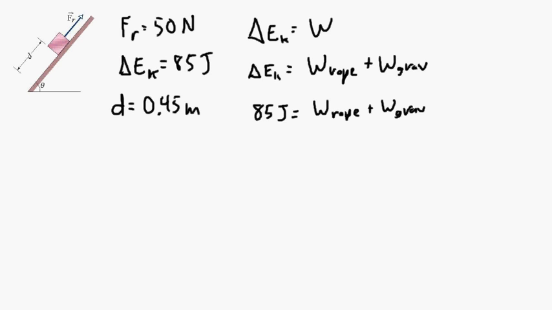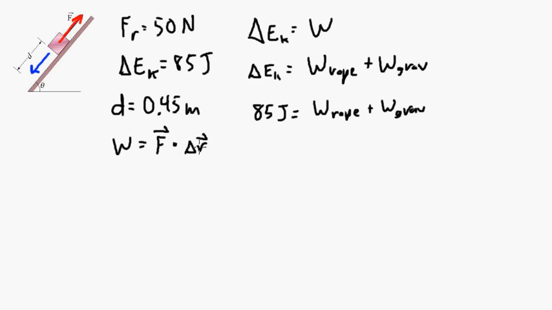He's pulling up this way with F_R, but the block is moving downward a distance d. So we have a constant force. The way we compute the work is F dot delta R, where delta R is your displacement, and the block is displacing in the opposite direction of the force.